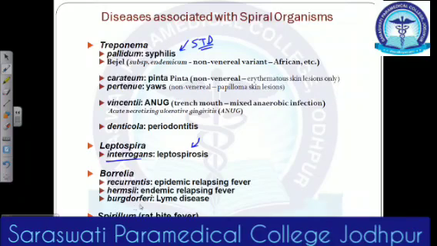Borrelia burgdorferi can cause Lyme disease in humans, and Borrelia recurrentis can cause epidemic relapsing fever, right? And Spirillum can cause fever-like symptoms. We are not going to talk about this one.